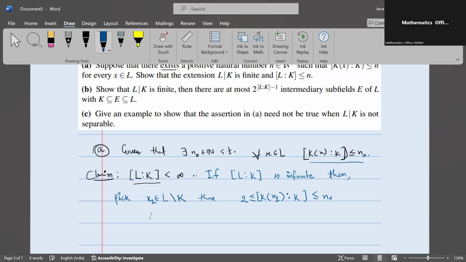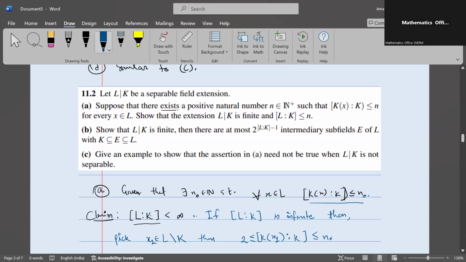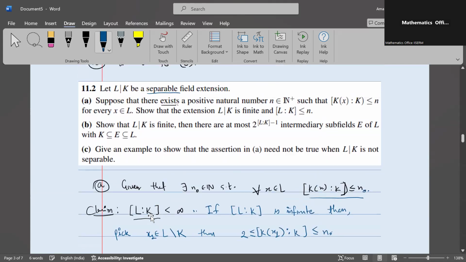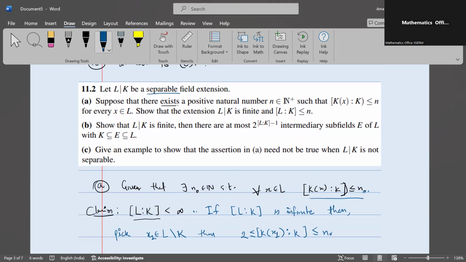And k(x1), because x1 is algebraic, is this so? It is given that it is a separable extension. So it is assumed that this is algebraic and every element satisfies some polynomial. A minimal polynomial exists for every element of L, and that minimal polynomial is separable.